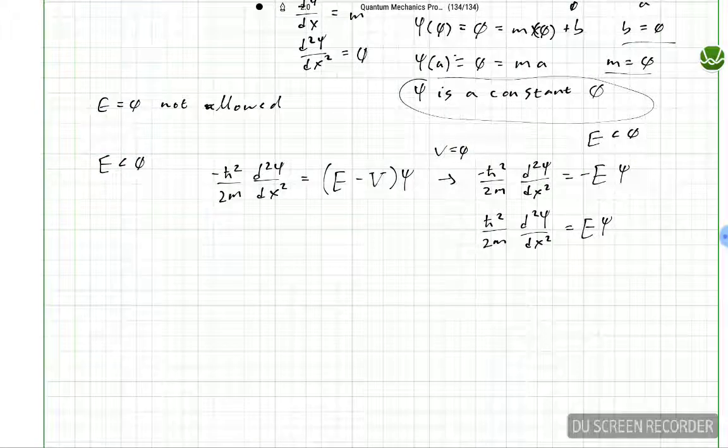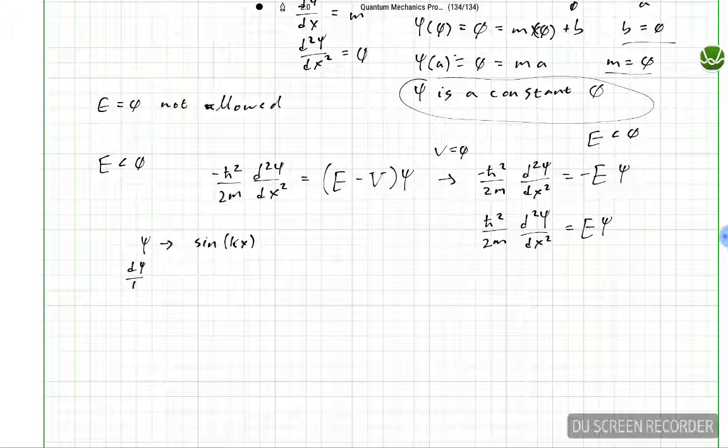Now, the deal with this is that if I have psi equal to, say, either a sine or a cosine, right? Then I have d psi dx, that equals cosine. And then the second derivative, we get that negative sign out there.